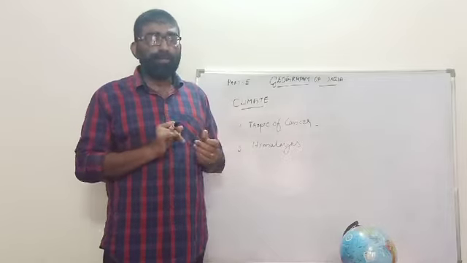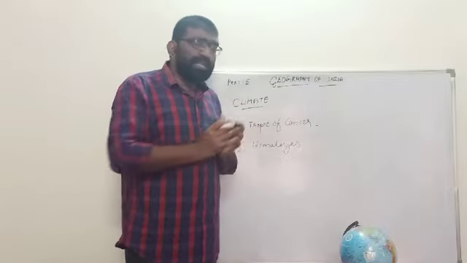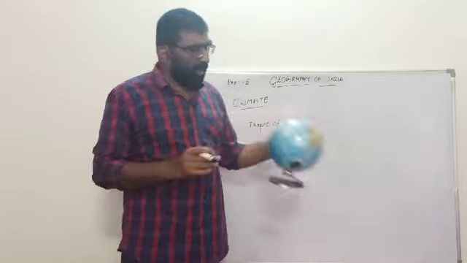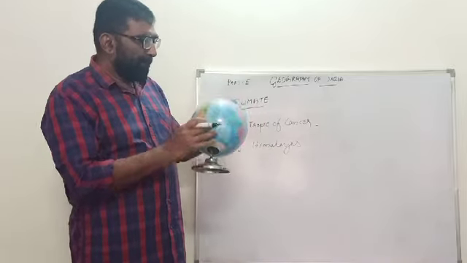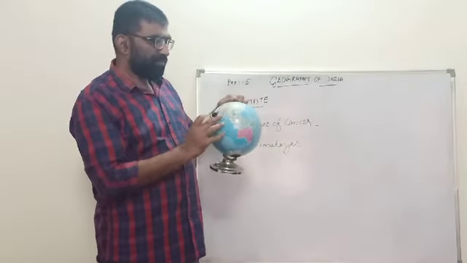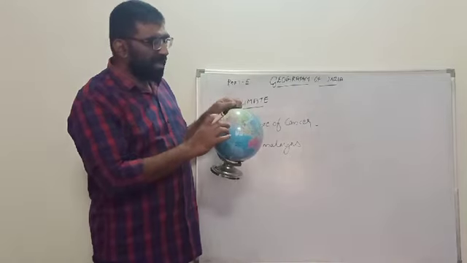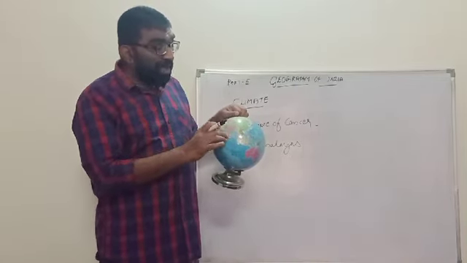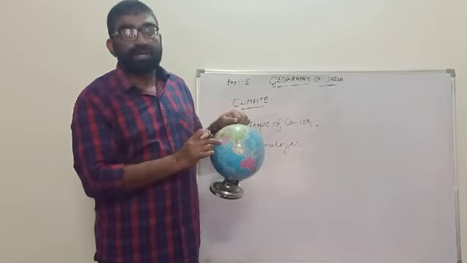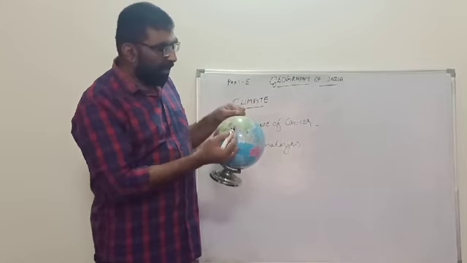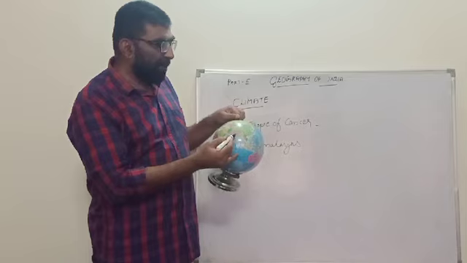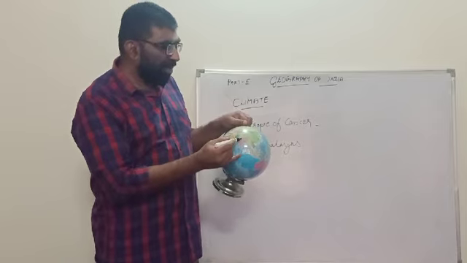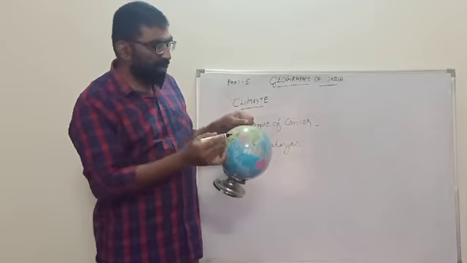And again you see the coastal areas. The coastal areas of India, both east coast and west coast, experience an equable type of climate or a moderate type of climate. See, here, Tropic of Cancer, this part is known as temperate zone and this part is known as tropical zone.